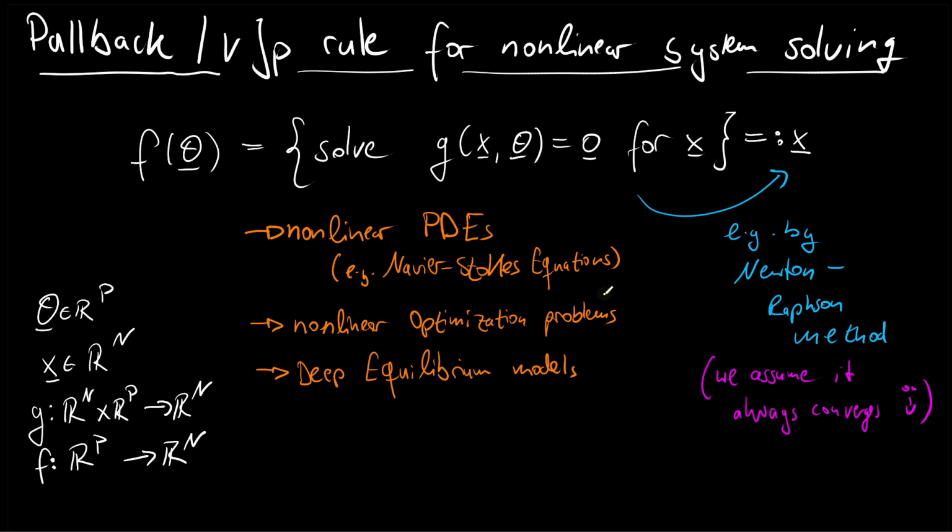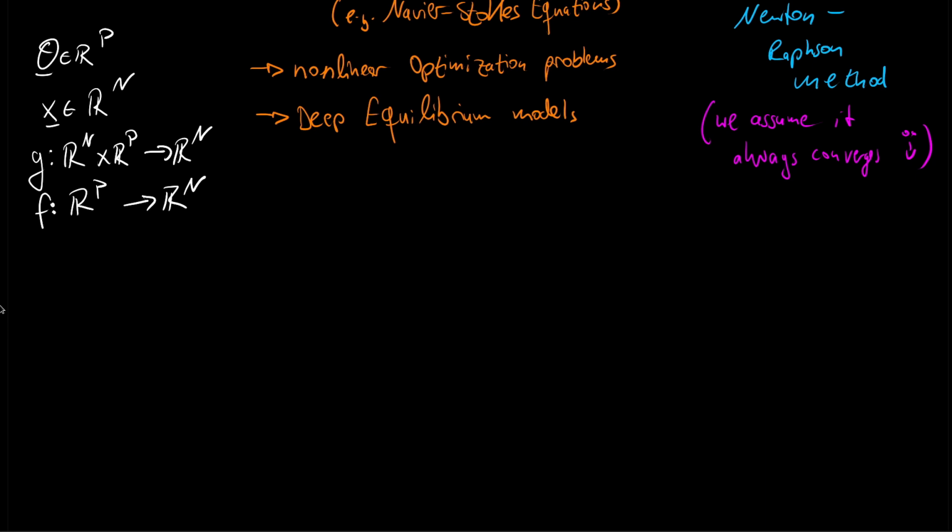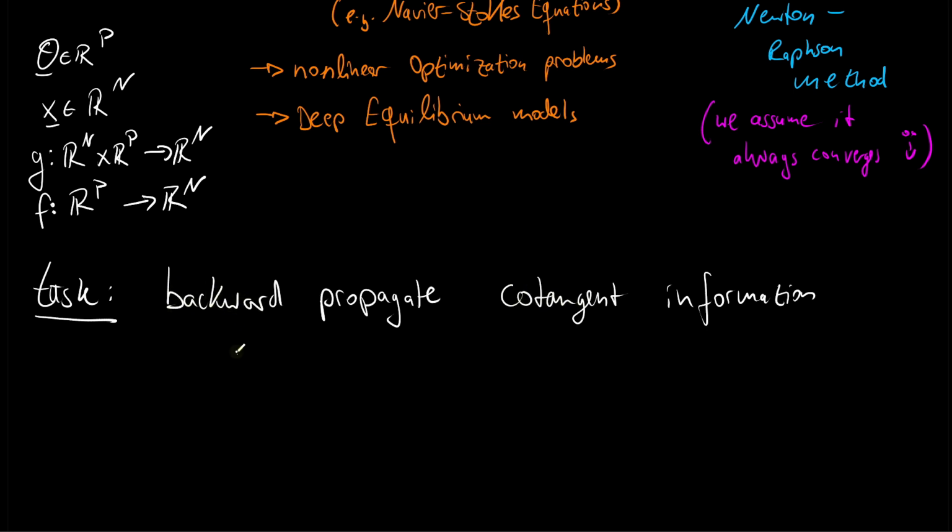Generally speaking, nonlinear system solving is quite a difficult task, but for our discussion here, we will assume that everything works fine, our solver converges, and we do not have any other issues to deal with. And then let me again write down the task for this video. The reason we want to derive a pullback or vector-Jacobian product rule is to backward propagate cotangent information on the output.